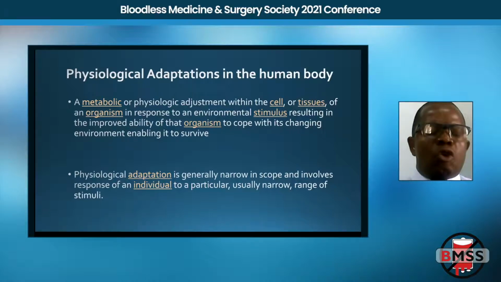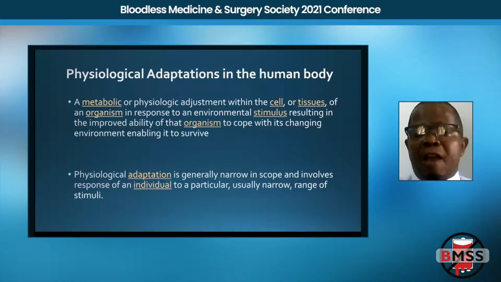So I talked about adaptations. Physiological adaptation in the human body could be defined as a metabolic or physiological adjustment within the cell, tissue or organism in response to an environmental stimulus that leads to an improved ability of the organism to survive or cope with the changing environment.